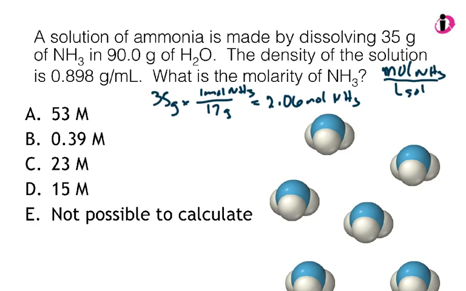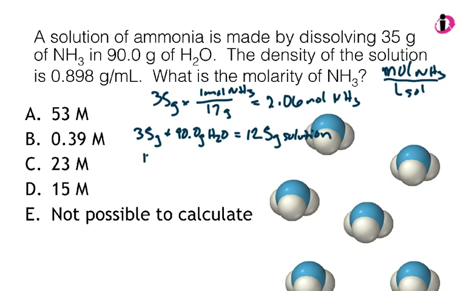Then we need to know our liters of solution. And to get there, we're going to find our mass of our solution by taking our 35 grams of ammonia plus our 90 grams of water, and that gets me 125 grams of solution.